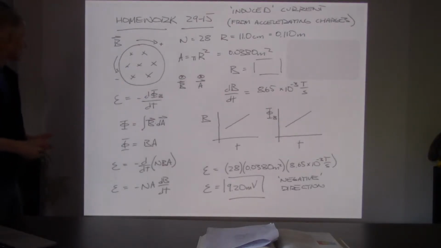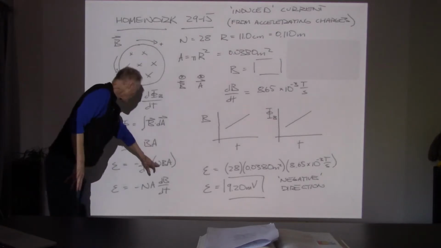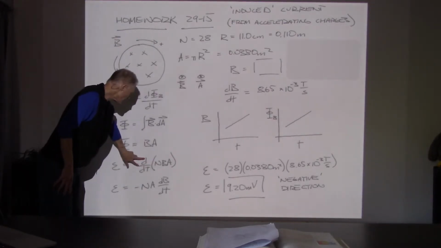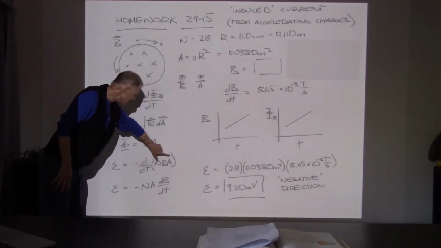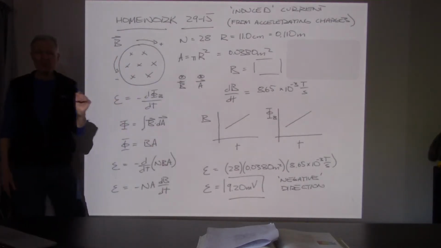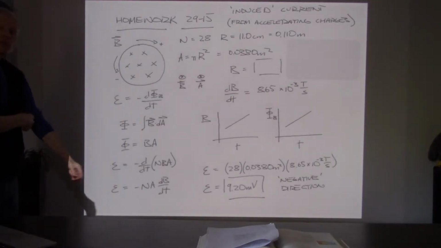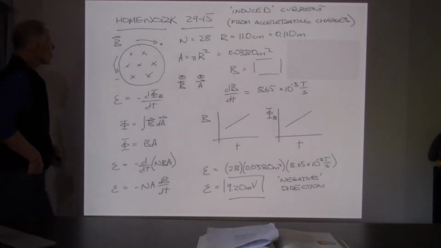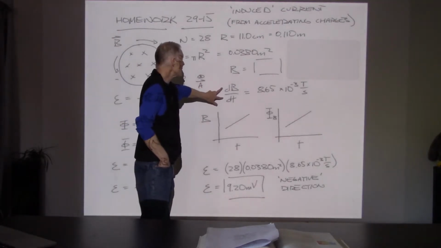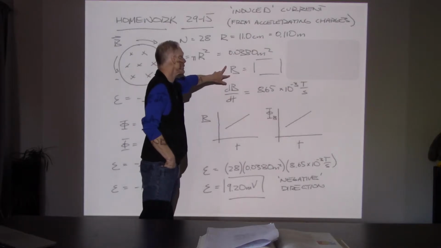So to get the EMF from this, we have to count each one of those loops. Now if I take a time derivative, N is not changing, A is not changing, B is changing. So when we take the time derivative, the only time-dependent factor is going to be the magnetic field. And so the fact that they gave us dB/dt is really helpful because we don't really need B.